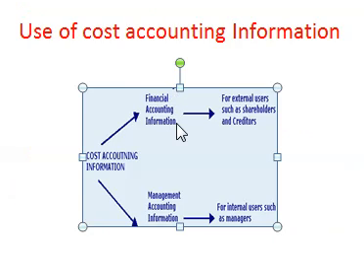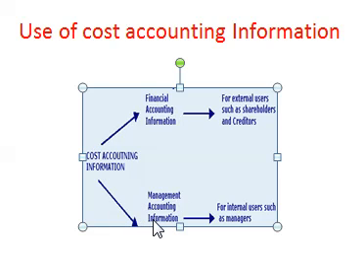So where are you going to apply cost accounting information? It can be used in financial accounting, most especially when you are preparing your financial reports. For example, when you are preparing the statement of profit and loss, you need the cost of goods manufactured if it is a manufacturing company. If it is not, you also need the cost of sales. So the cost information that you use in your financial reports, you need to get from cost accounting.